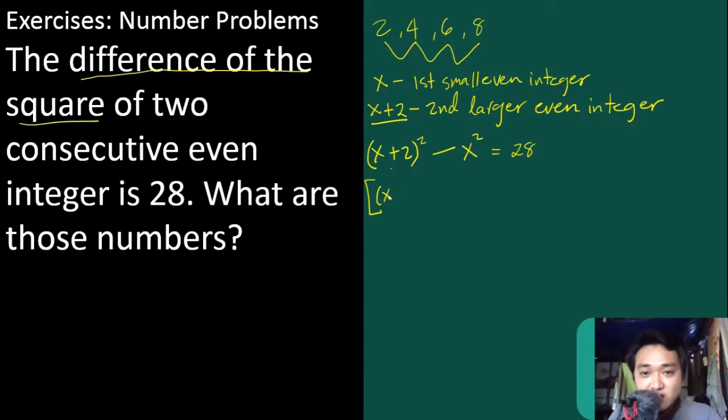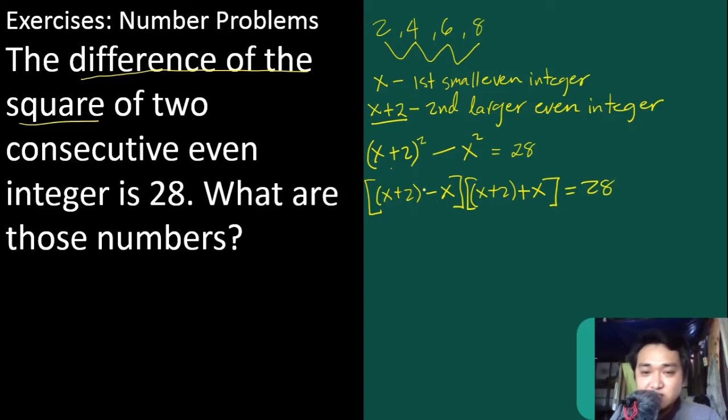The quantity x plus 2, yung pinaka-a term natin, minus x, close, times another quantity, the a term ulit, which is x plus 2. This time, instead of the minus, plus x, which is equivalent to 28.